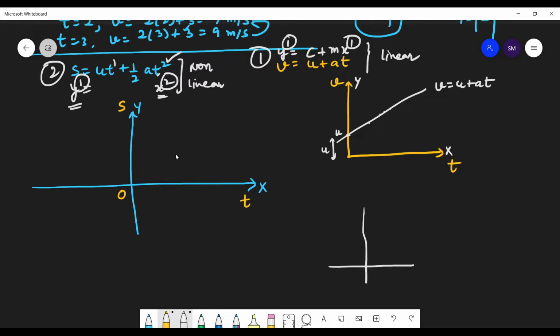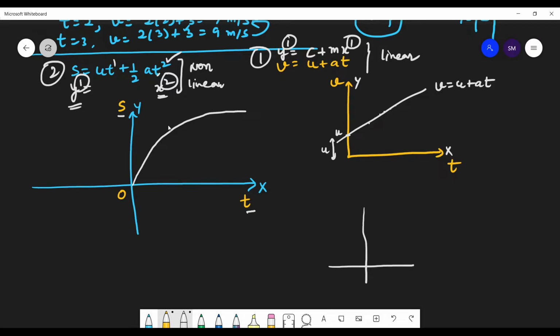So as time keeps on increasing, we get a graph like this. It means for this equation of motion, if I draw a graph between S and t, I will get a graph in the form of a curve.